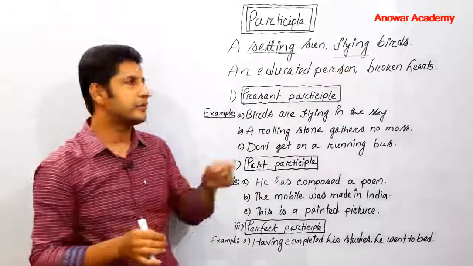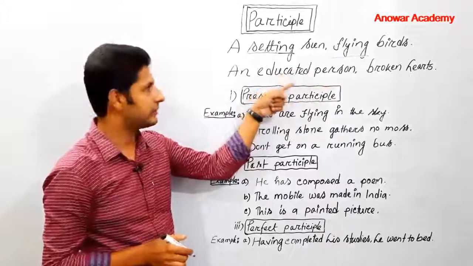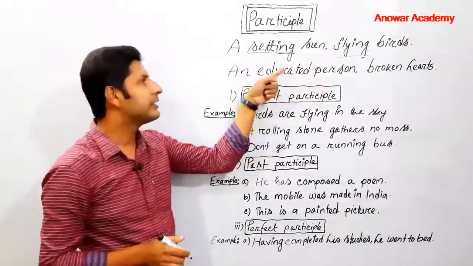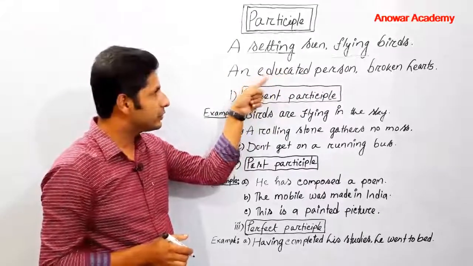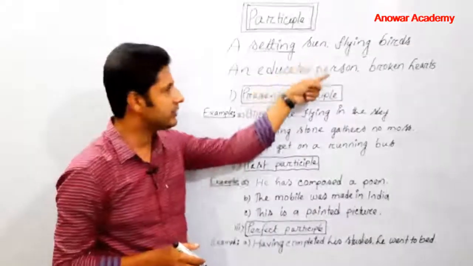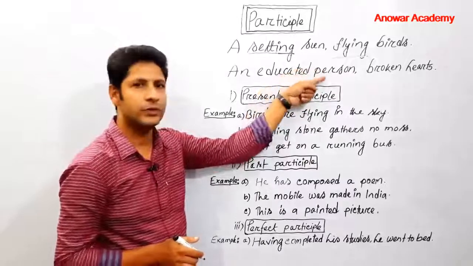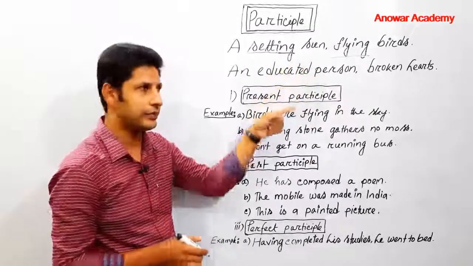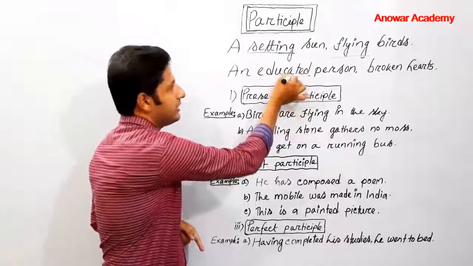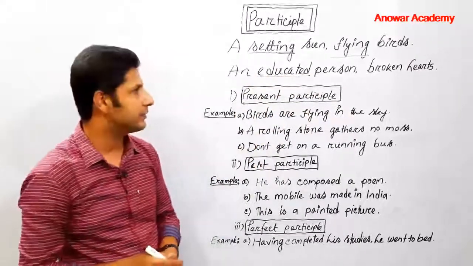In the third example, you can see an educated person. Here, ed is added to the word educate and it functions as an adjective being used before the noun person. That's why ed is known as participle.